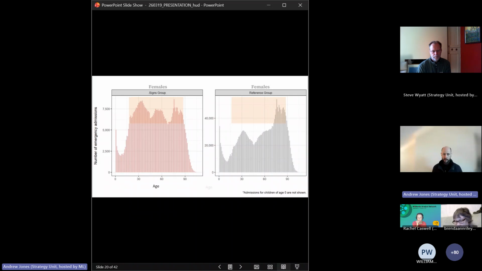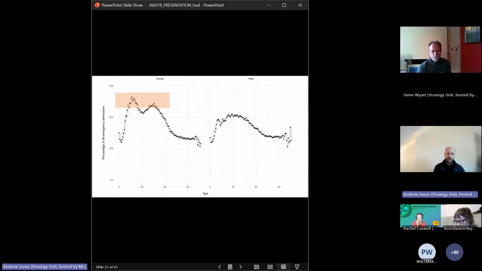But these differences across age group have further implications. We've seen earlier that overall, 1 in 6 spells following an emergency admission resulted in a non-specific diagnosis, but this proportion varies by age and sex, such that around 1 in 4 females in the age ranges of 14 to 23 and 40 to 50 who were admitted to hospital in an emergency were discharged with a non-specific diagnosis.